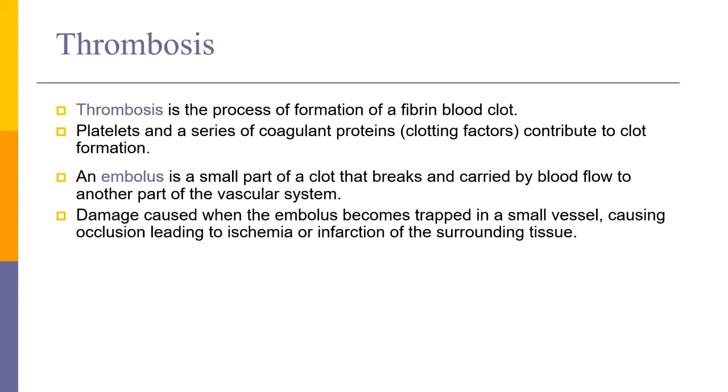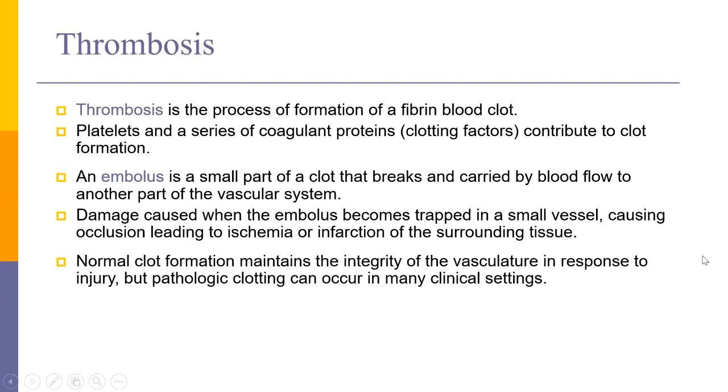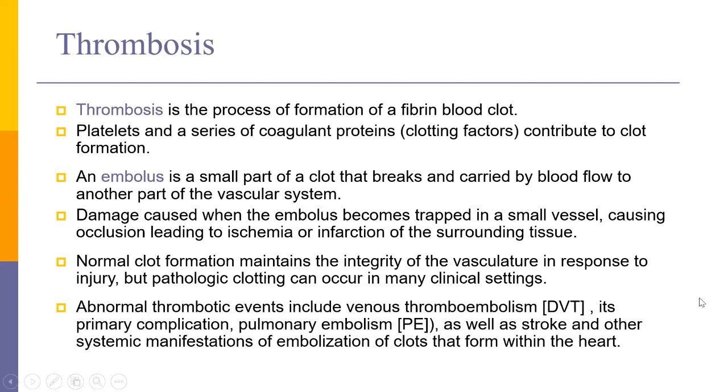to the surrounding tissues. So a normal clot formation maintains the integrity of the vasculature in response to injury, but pathologic clotting can occur in many clinical settings. As I say, clot formation is good when it is in the right place and at the right time.